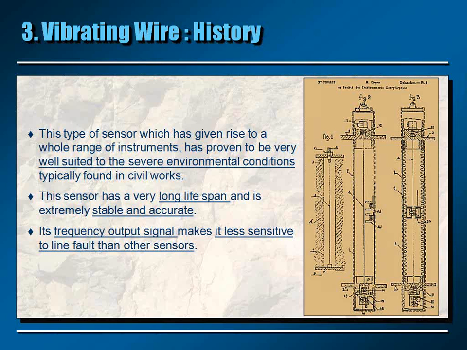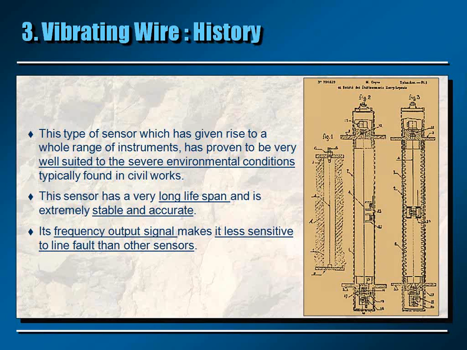And also it is appreciated from the fact that the signal output that is obtained with such sensors is a frequency, which is interesting because it makes this type of sensor less affected by the length of the cable or any potential faults in the cable.